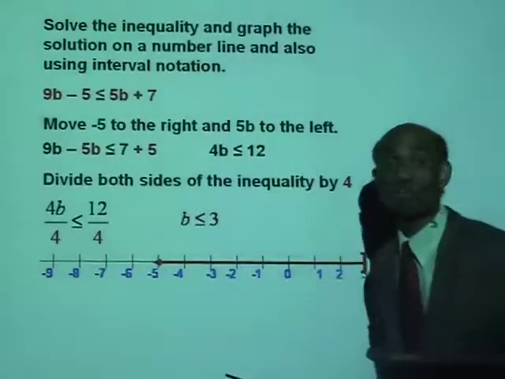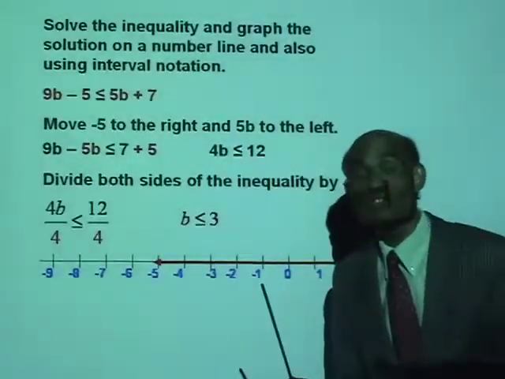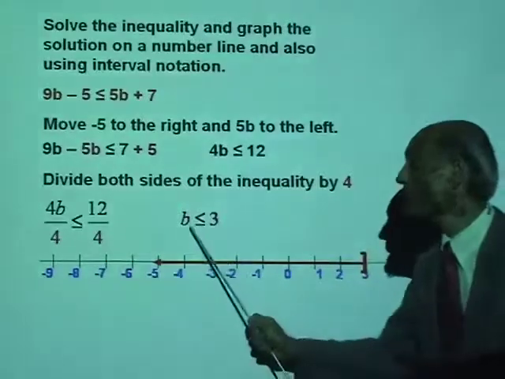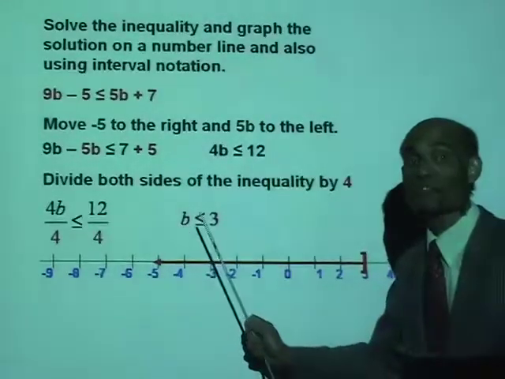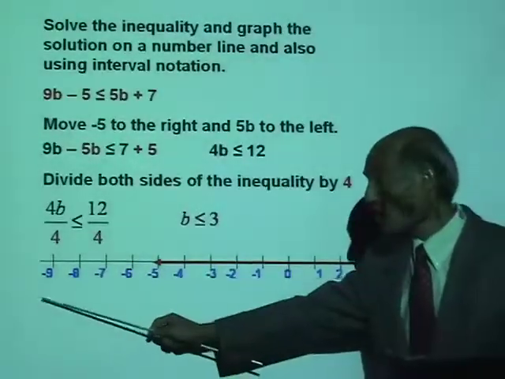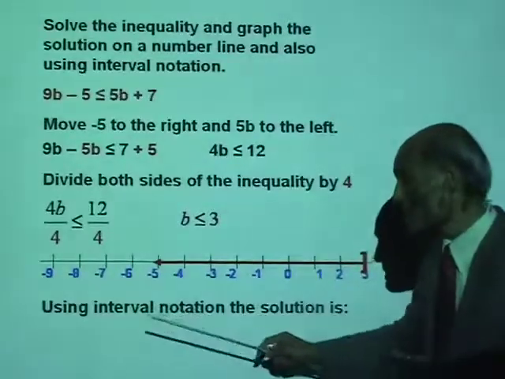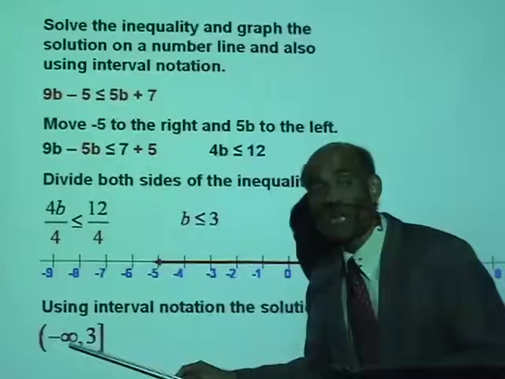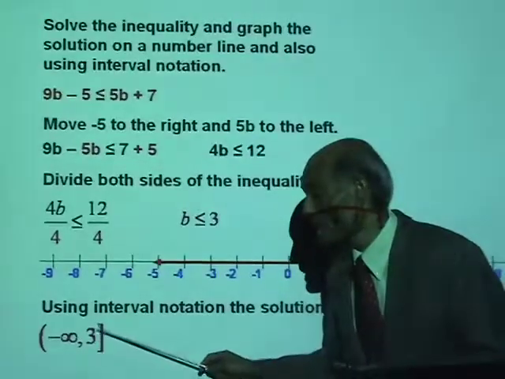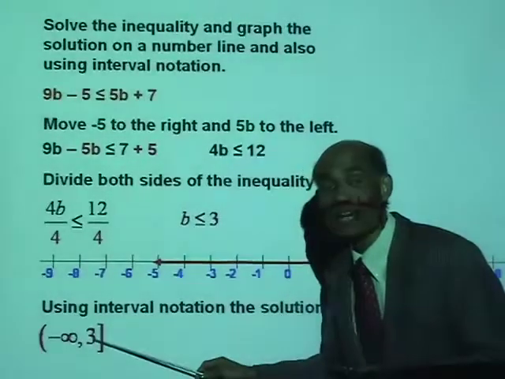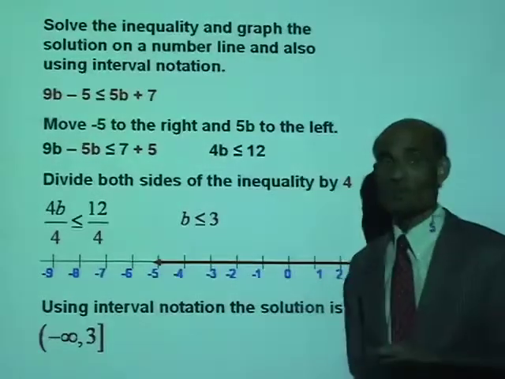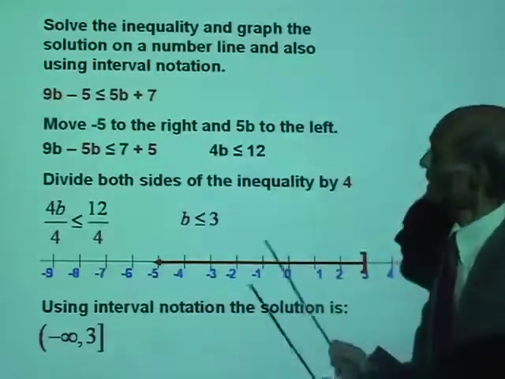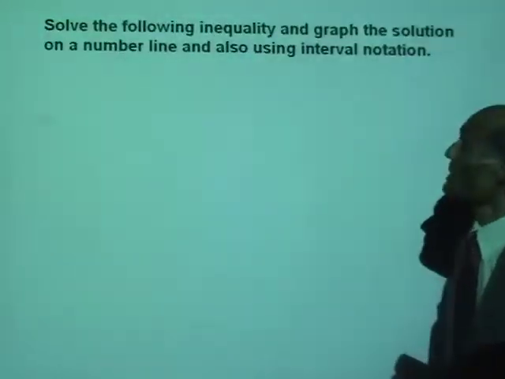And how will you write that? Using interval notation. B can have values starting all the way from negative infinity, look at the way I write it, negative infinity to positive 3 included. Okay, let's go to another one.